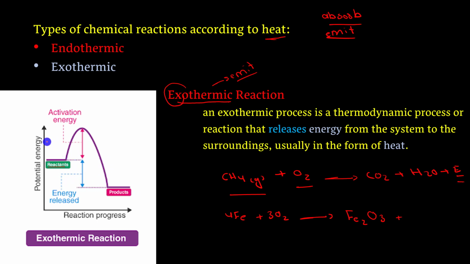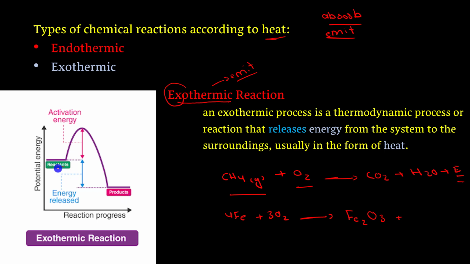This is the graph of their potential energy. This is the graph of what? Their potential energy. The potential energy of the reactants and the potential energy of the product. And this is the reaction progress, right? Here, if we look at the potential energy of the reactants, the reactants have more energy than the product.